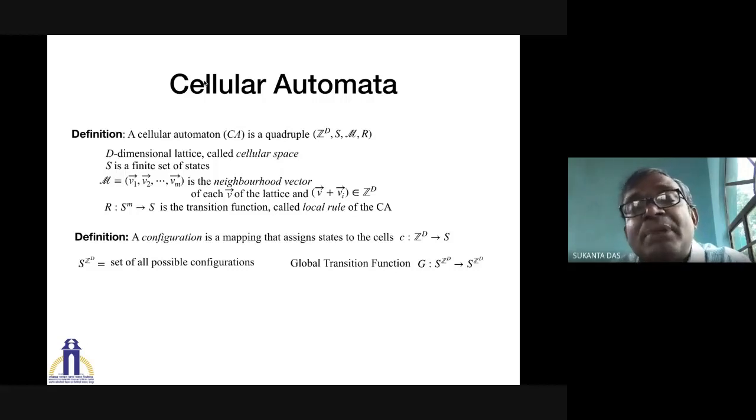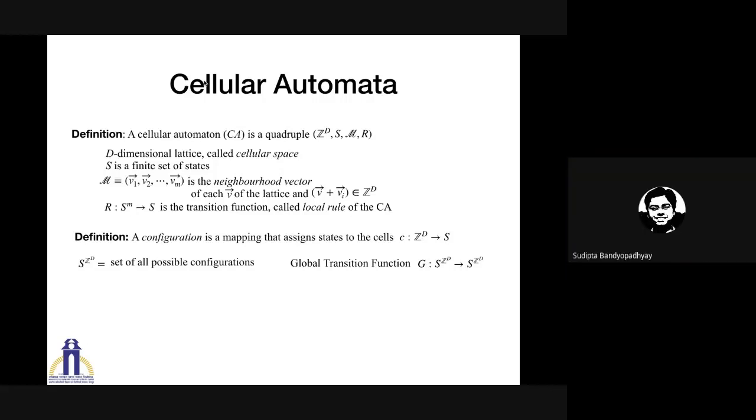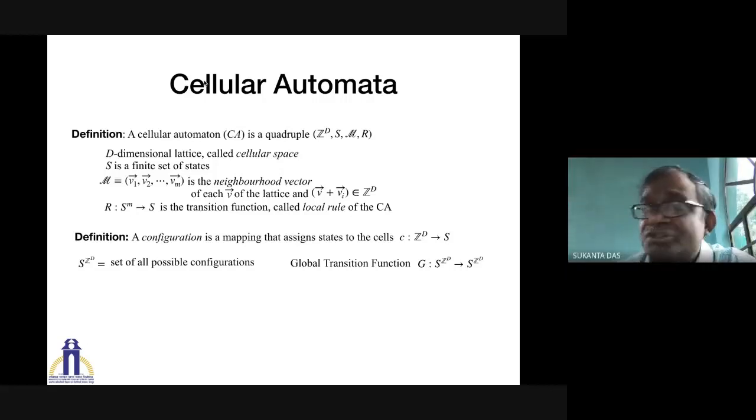So if I add v plus 0, 0, then it will be okay. But generally we assign this neighborhood vector. If you want, you may exclude 0, 0. But what is done actually is that the cell itself is always included in the set of neighbors. This is the convention. But if you want, you can exclude it. Okay, that is okay.